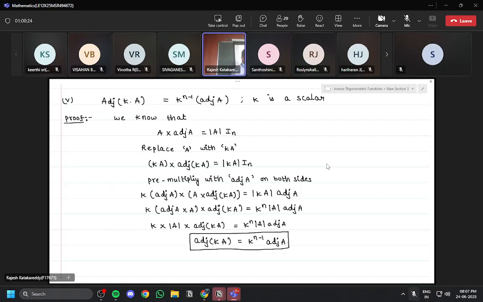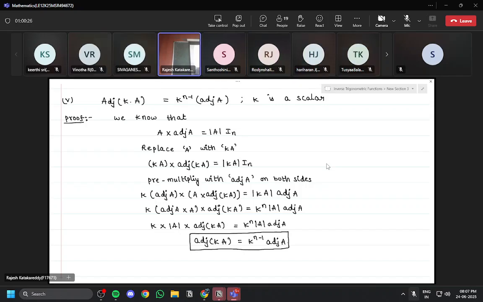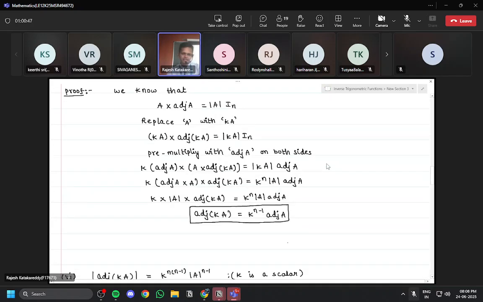Matrix multiplication is associative. I wrote XY into Z. Clear? And then here I have taken out, using the theorem, adjoint A into A must be equal to determinant A into identity. Next, I am cancelling one K, one determinant A on both. Clear? Understood?